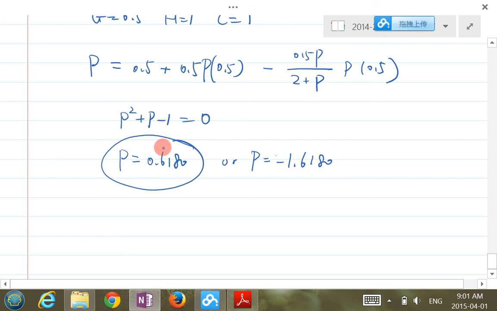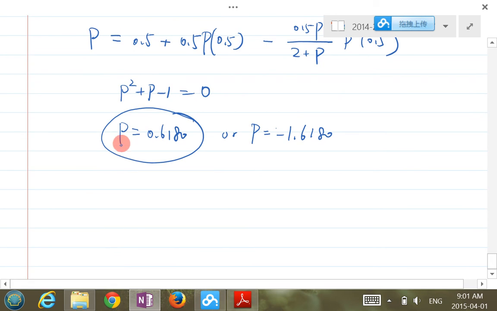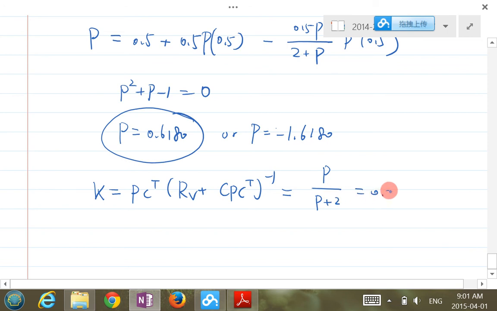So after you get the P, then you solve for the K. The K is P C transpose times the inverse of C P C transpose plus RV. So plug it in, you get P over P plus 2, and that's 0.2361.